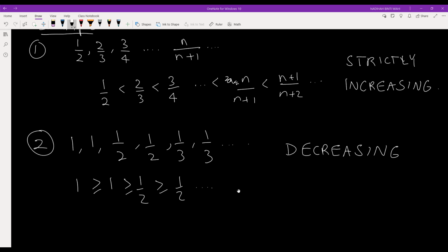Okay, let's see the lower bound and the upper bound, because you have infimum or supremum.